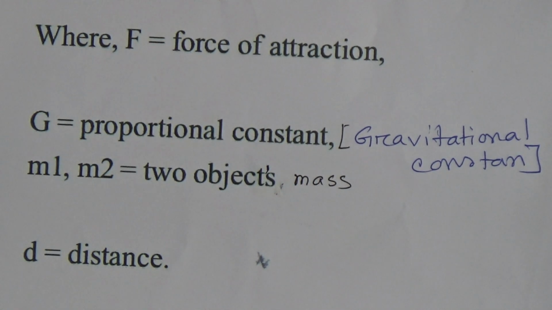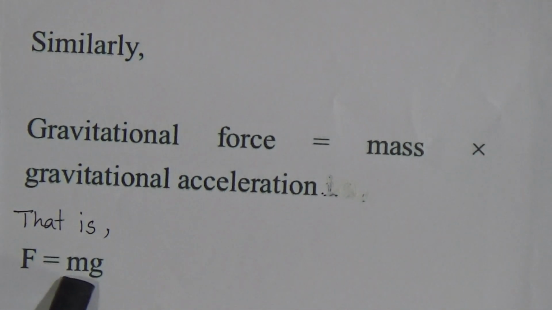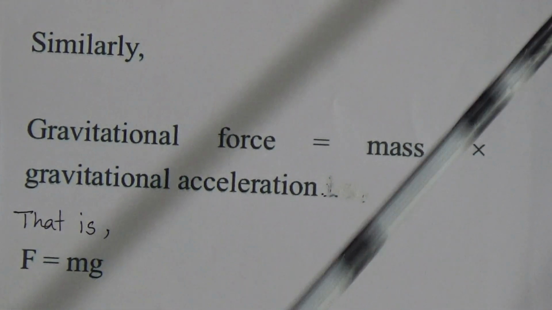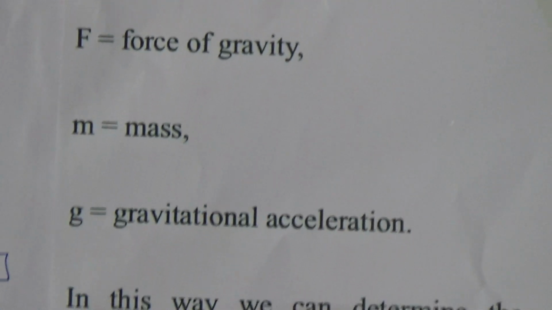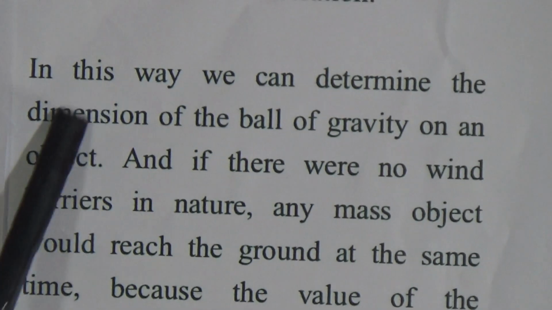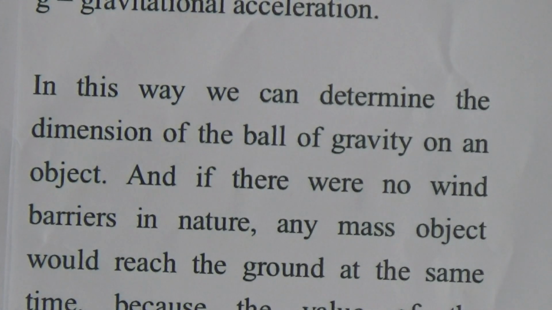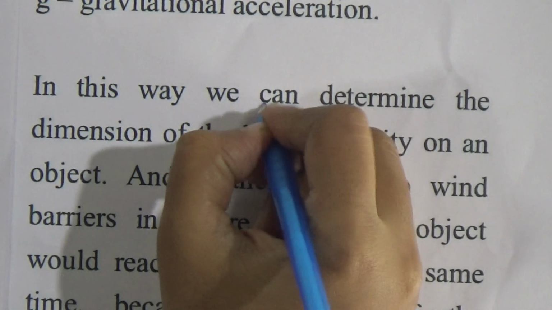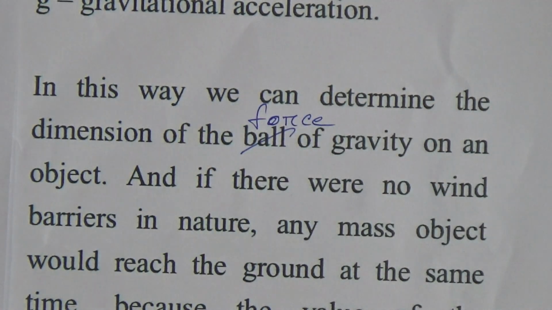Similarly, gravitational force is equal to mass multiplied by gravitational acceleration, that is F is equal to mg, where F is the force of gravity, m is the mass, and g is the gravitational acceleration. In this way we can determine the force of gravity on an object.